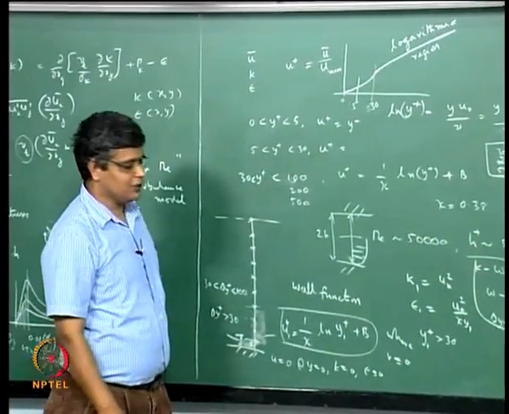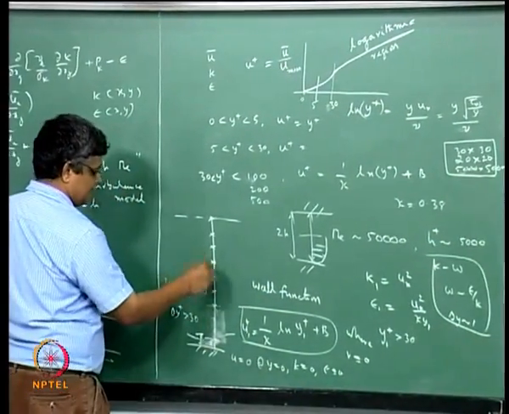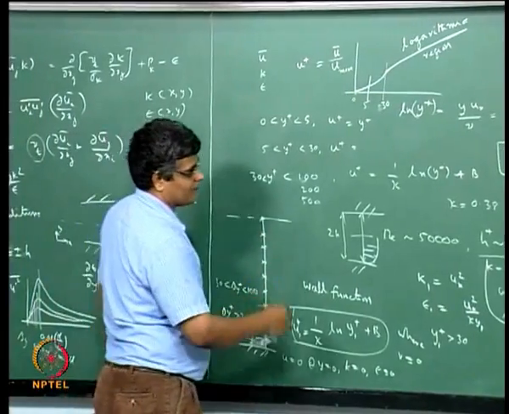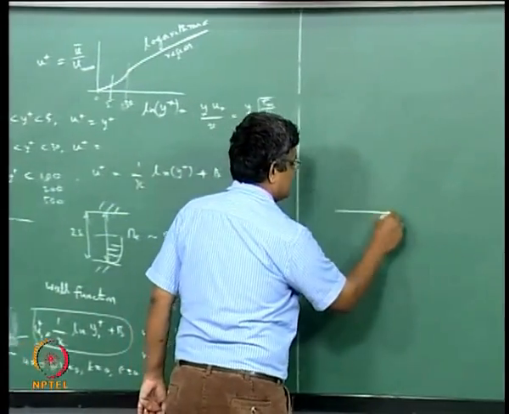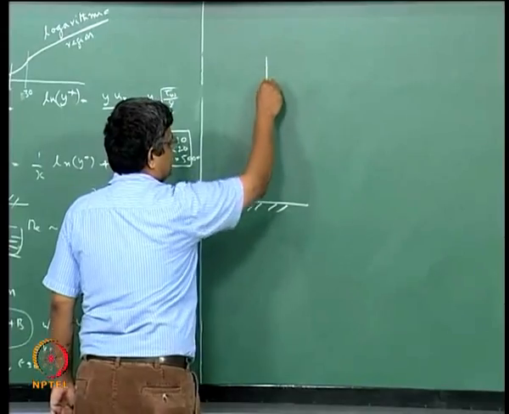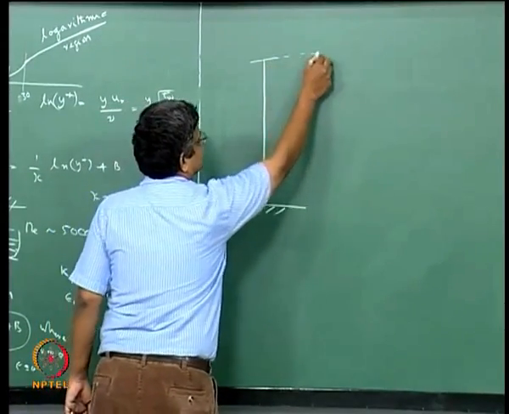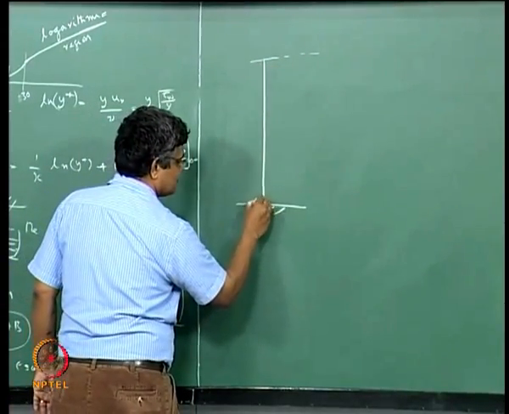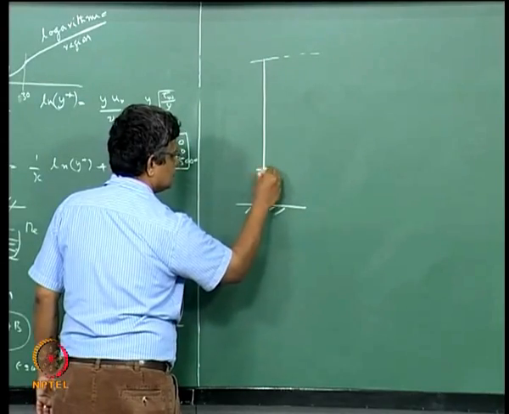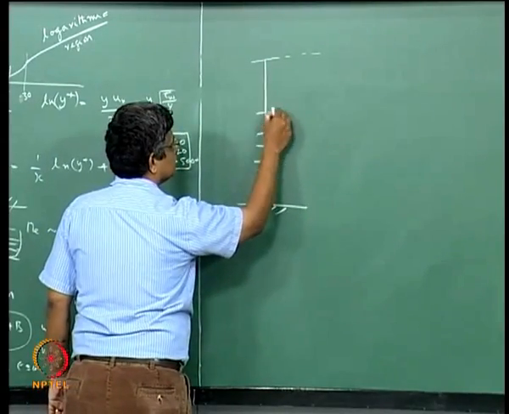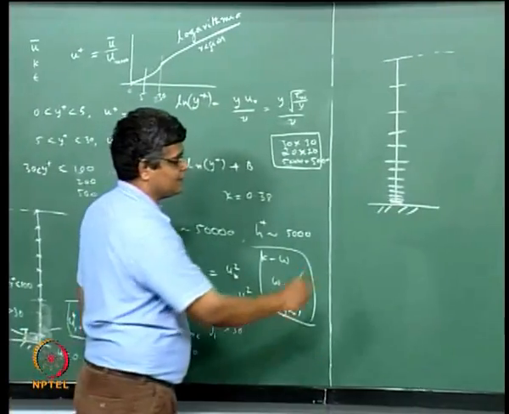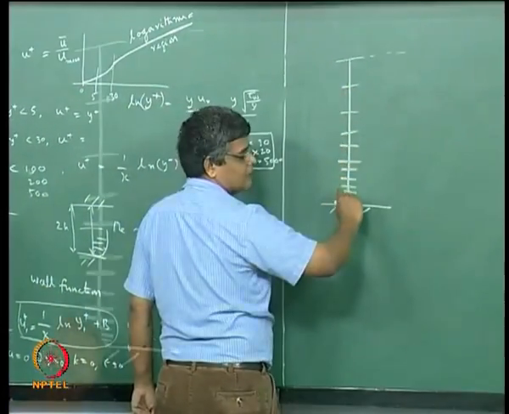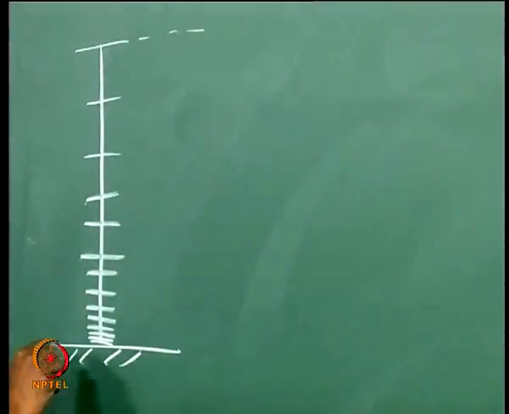Okay, you probably do not need that, but in such a case you would have a grid which is geometrically expanding. This is the center line, and here you will have a grid spacing which can increase in a geometric progression, but with the restriction that your delta y close to the wall is of the order of 1.